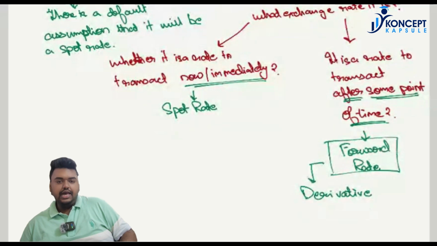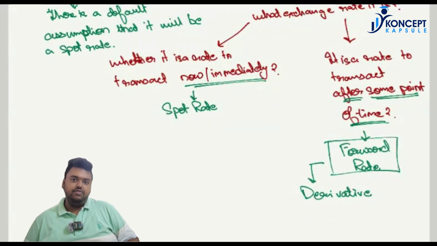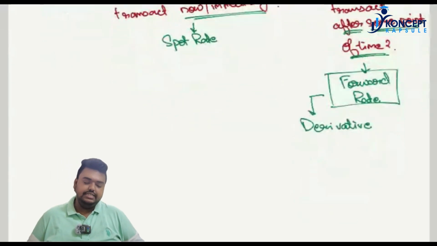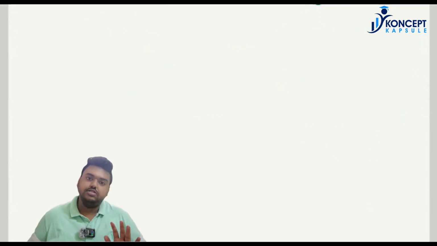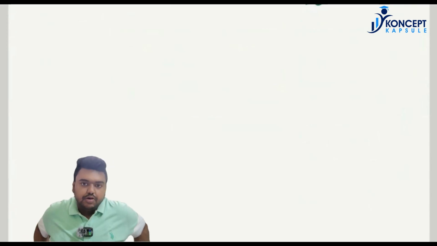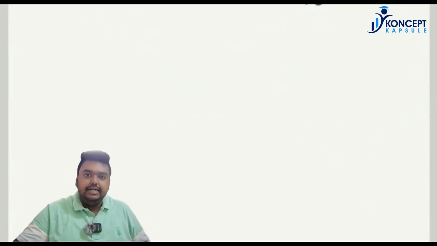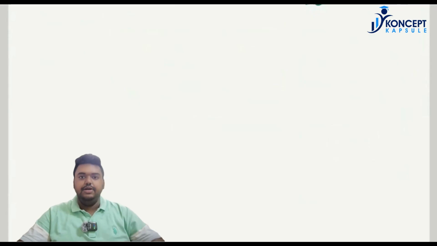Having understood the spot rate and forward rate, now we will understand one important concept, where we will integrate spot rate, forward rate between two countries and their interest rates. What is this concept?